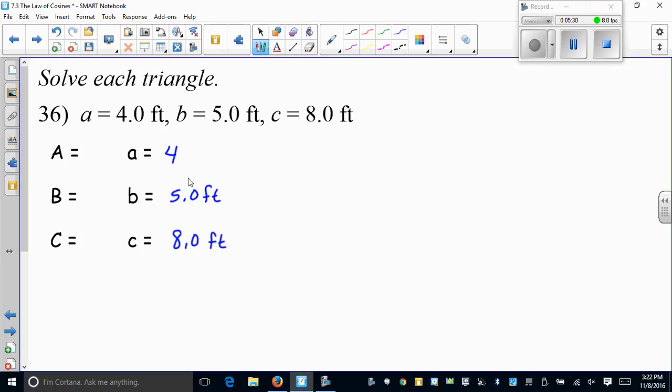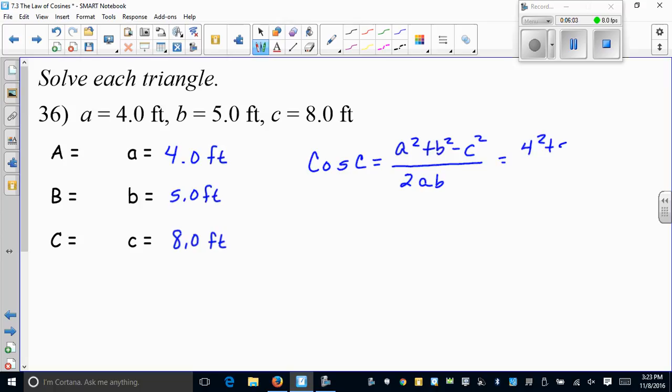So again, when we have three sides, you look for the largest angle. The largest angle is going to be opposite side C. So cosine of C equals A squared plus B squared minus C squared all over 2AB. So 4 squared plus 5 squared minus 8 squared over 2 times 4 times 5, which gives us a value of negative 23 over 40.